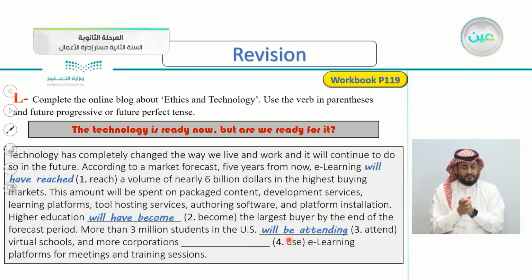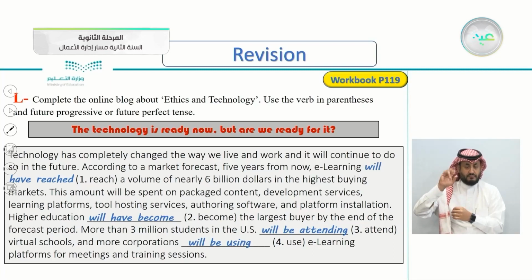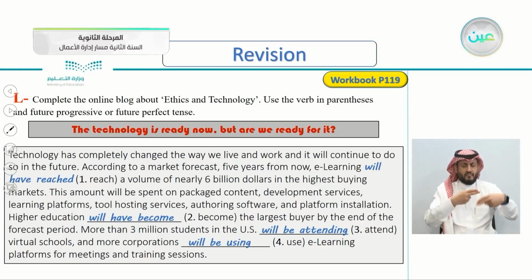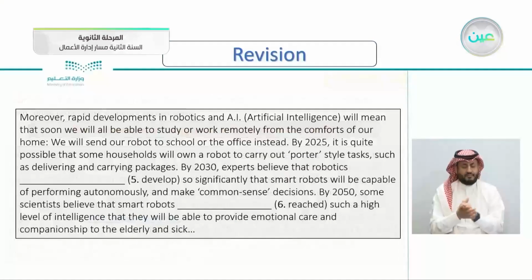So, what to write here? The verb here is use. And more corporations will be using. So it's the same thing. We're talking about something that will be in progress in the future. And more corporations will be using e-learning platforms for meetings and training sessions.